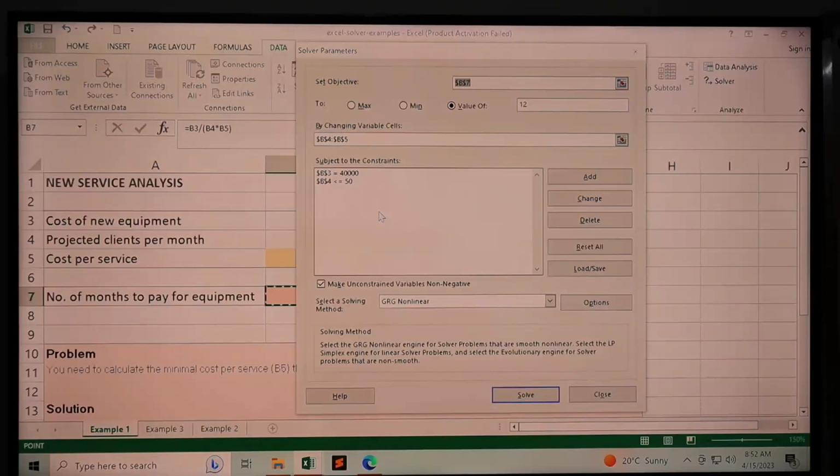Then the next thing, you're supposed to choose the solving method, that is number 3. After you have configured all the parameters, you're supposed to click the solve button.